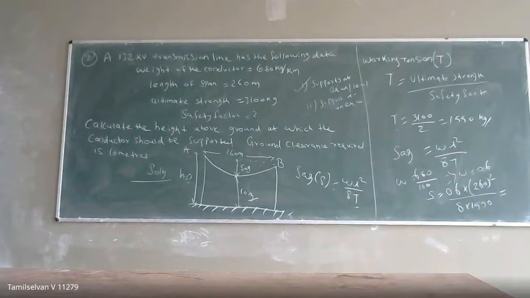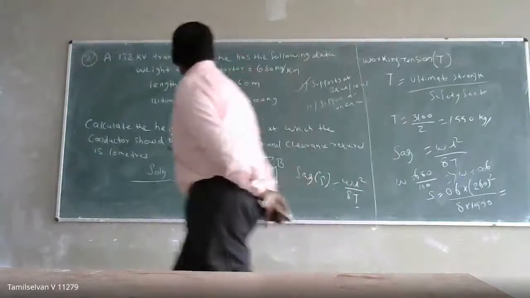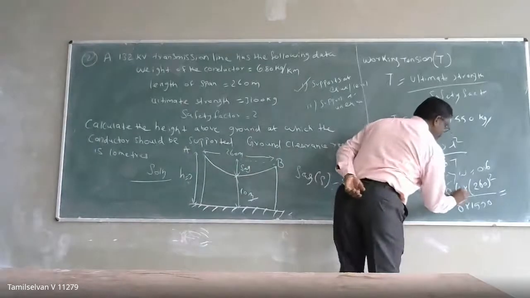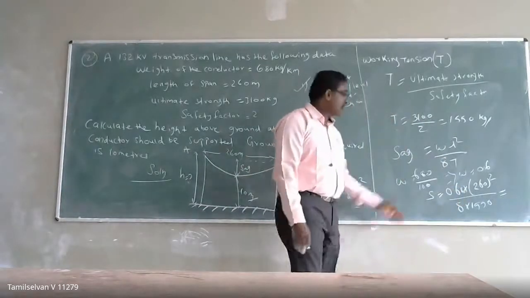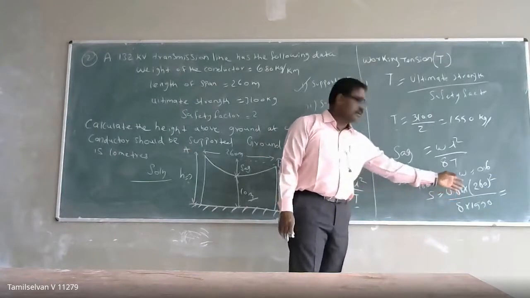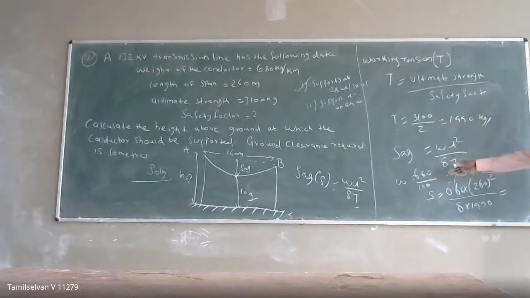3.27, sir. Sorry, I have taken 0.68, so maintain the decimal. 680 means 0.680. When you are taking the decimal value and writing it, just be careful.